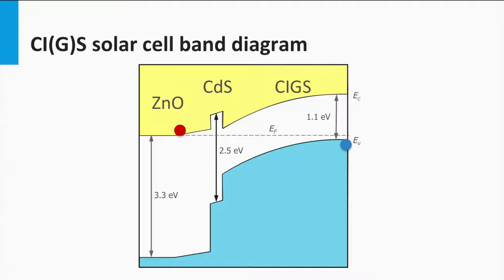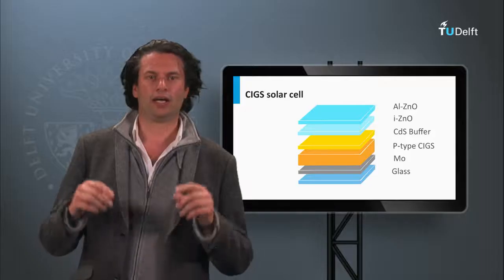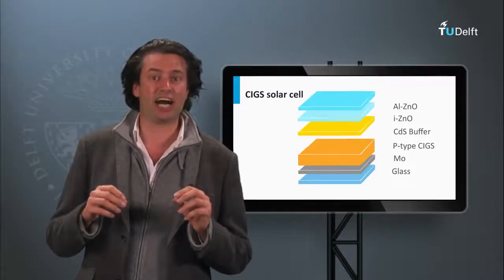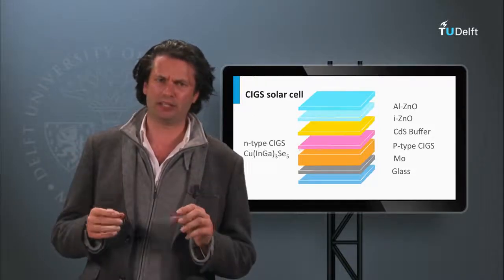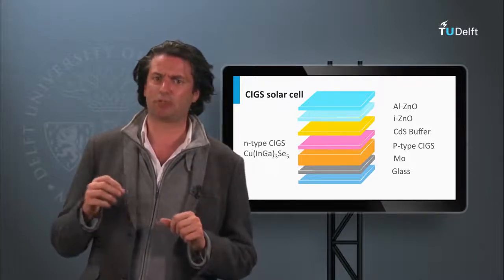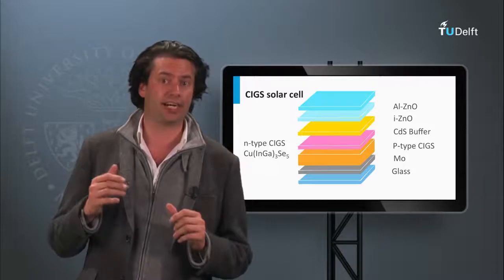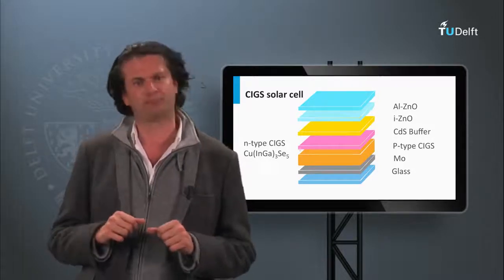The electrons have to be separated at the CIGS cadmium sulfide interface. As with every interface, this interface has more defects and could act as a loss mechanism to the minority electrons. This can be prevented by placing an n-type CIGS type of layer between the p-type CIGS and the cadmium sulfide interface, which screens the cadmium sulfide CIGS interface from the holes.